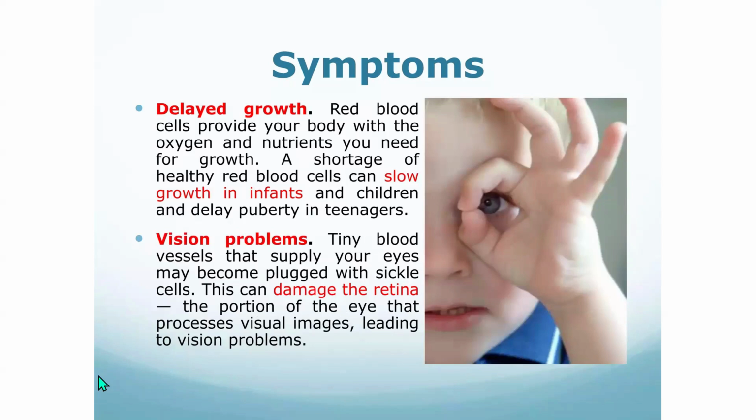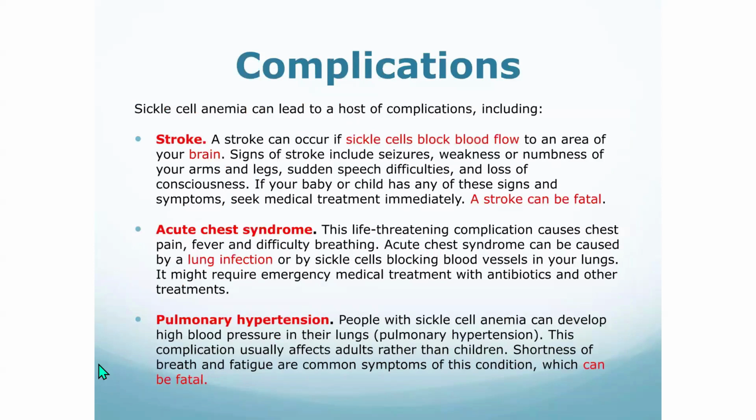There is also vision problems. Tiny blood vessels that supply your eyes might also become blocked by sickle cells. This damages the retina, the portion of the eye that processes visual images, leading to vision problems.